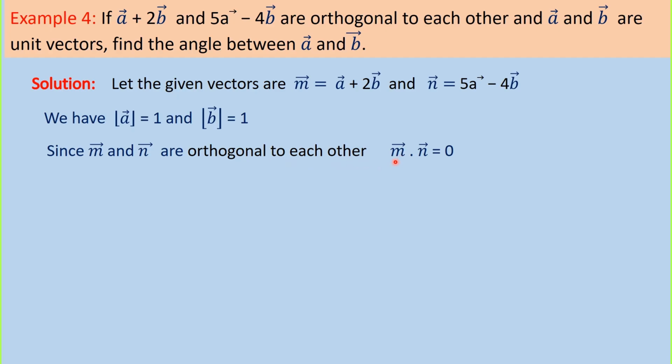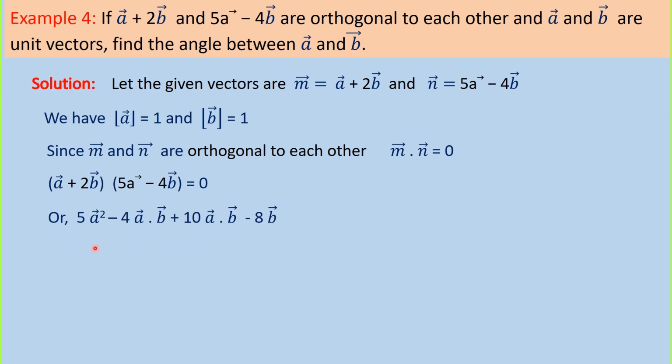Now replacing the value of vector M and N, we have vector A plus 2 vector B dot 5 vector A minus 4 vector B is equal to 0. When we multiply and solve, we can find that vector A dot vector B is equal to 1 by 2.